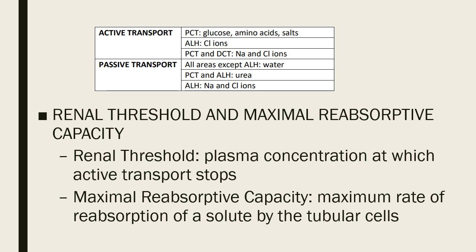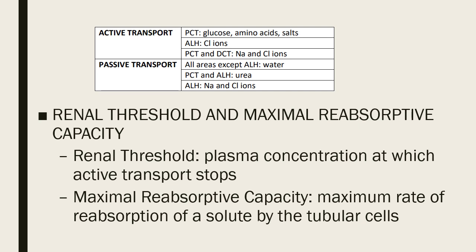Remember that glucose is filtered in the glomerulus, but then reabsorption will take place because you need glucose. All of your glucose is reabsorbed. That is for normal, so there is no residual glucose left in the urine.